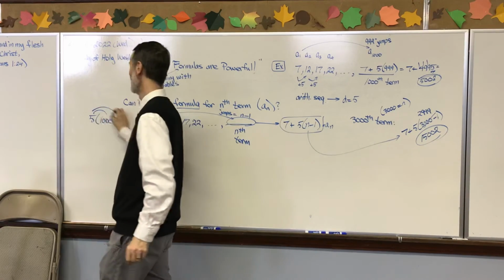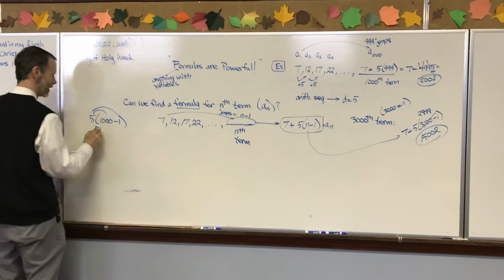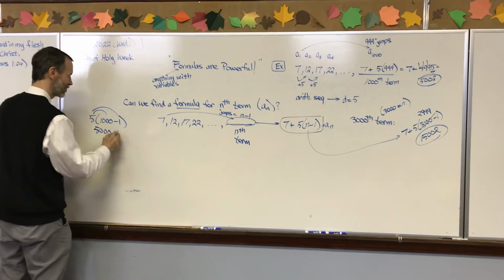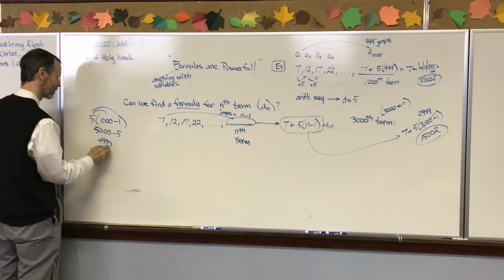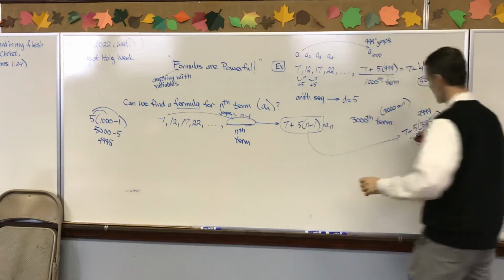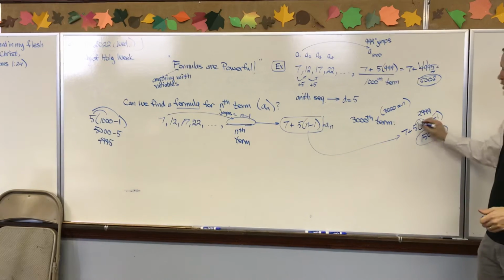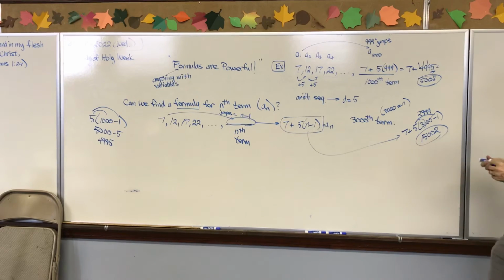Absolutely. This is an algebra problem. Distributing is perfectly legal. And look what happens. 5,000 minus 5, which is trivially easy. If you have a really nice round number in front, that's actually how I did this in my head. This is 15,000 minus 5. And then plus 7 back. Make sense?